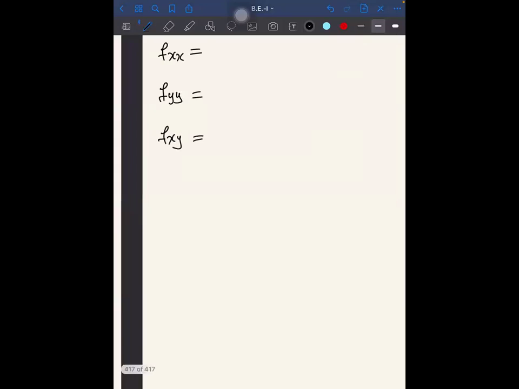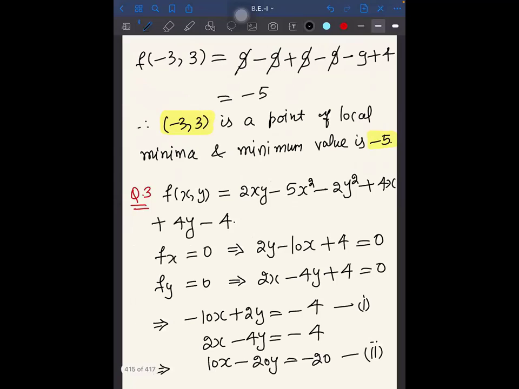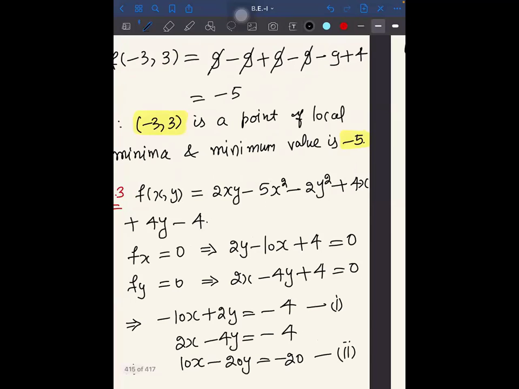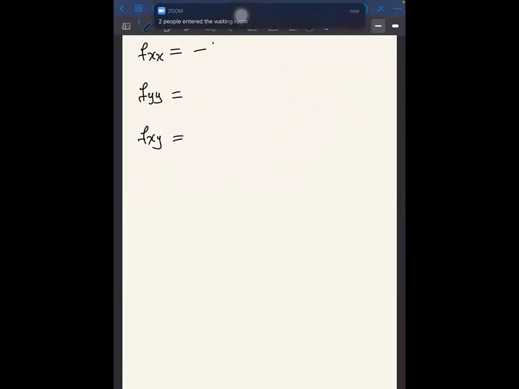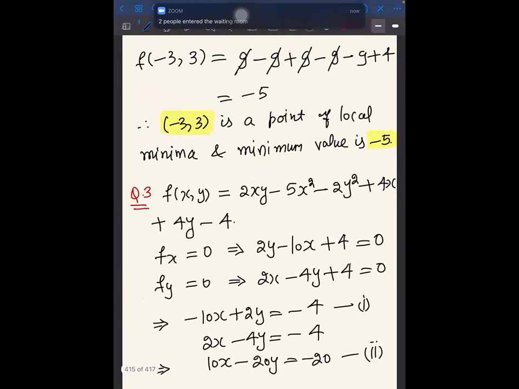So we'll be talking about maxima and minima. So first of all, we'll be calculating fxx, fyy, and fxy. So let's say what is our fxx? So this is our fxx, that becomes minus 10, and fyy minus 4. So minus 10 and minus 4. And what about fxy? So this is our fx.